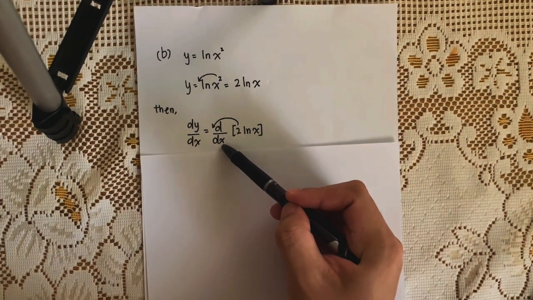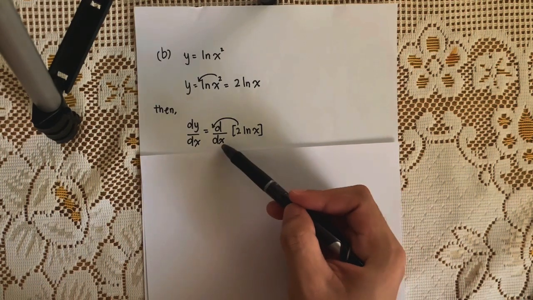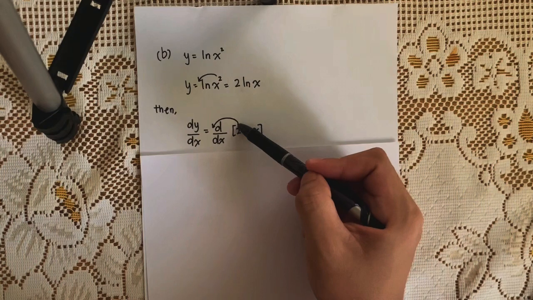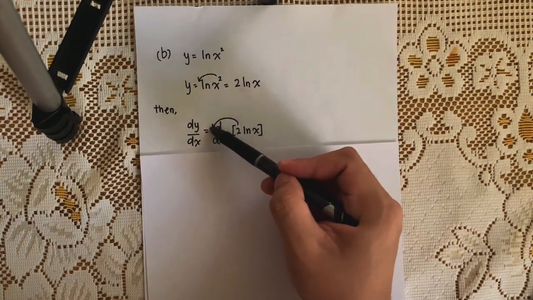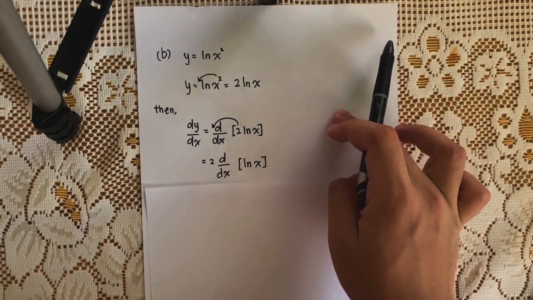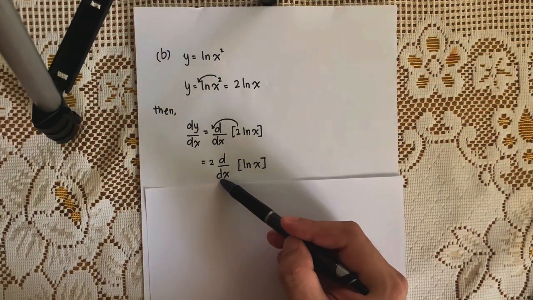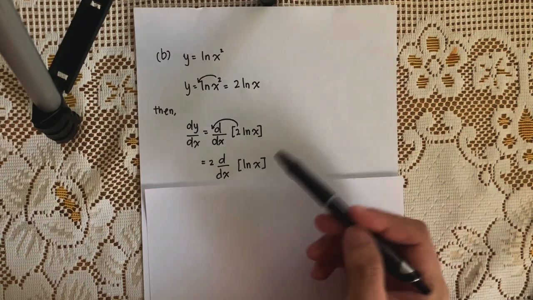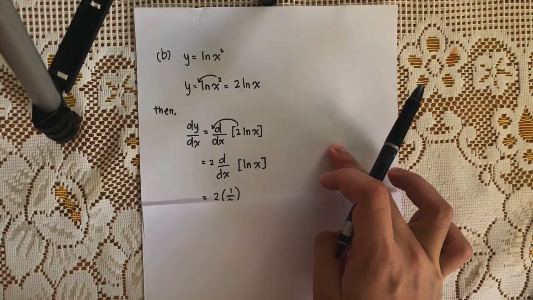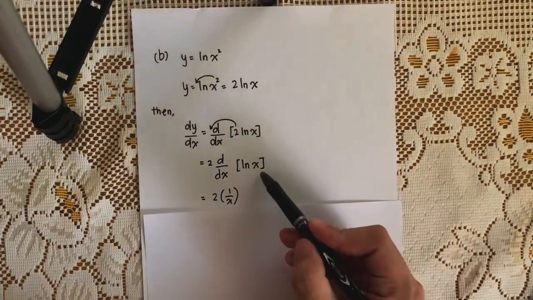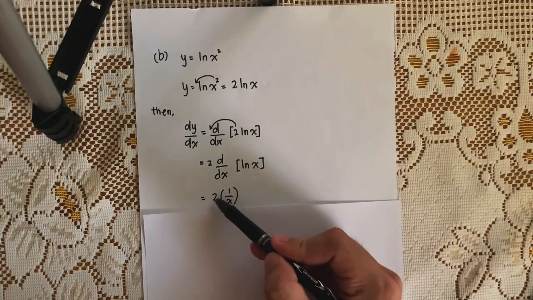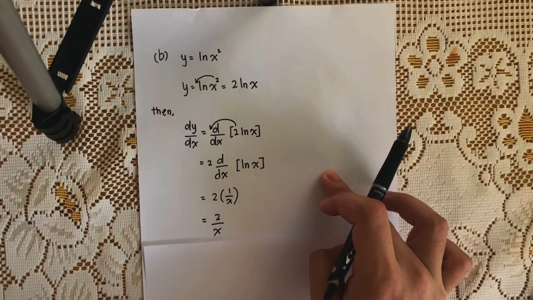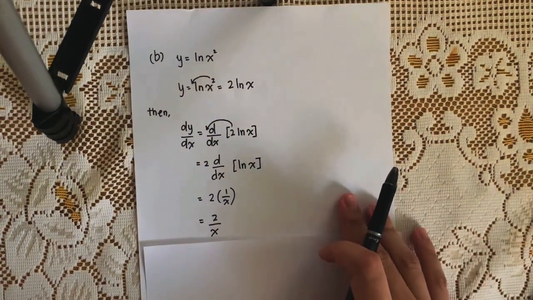Differentiate 2 natural log of x with respect to x. Then we can bring this number 2 into the front. After that, we differentiate again this natural log of x. As we stated earlier, natural log of x, when we differentiate it, becomes 1 over x. So 2 times 1 over x is equal to 2 over x. That's all.